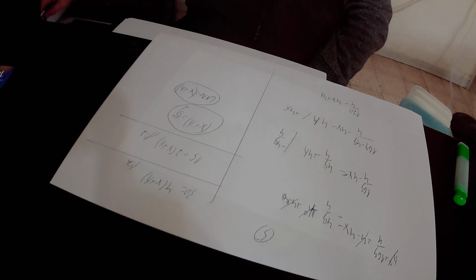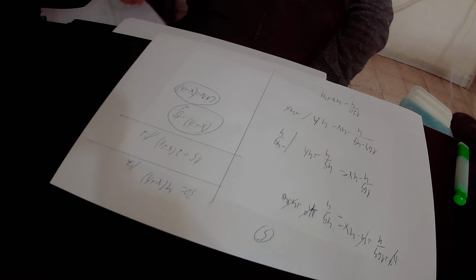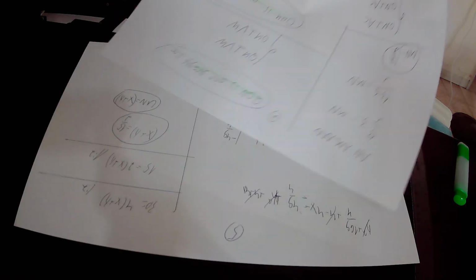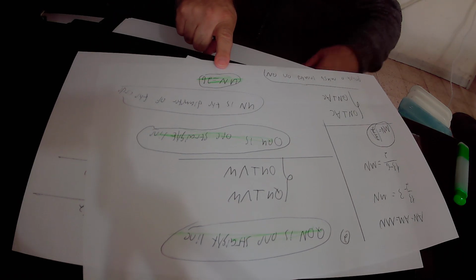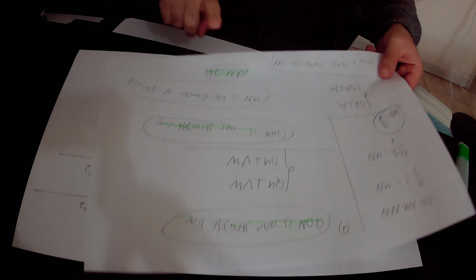and for the other side we've already found out that UN equals 2b.